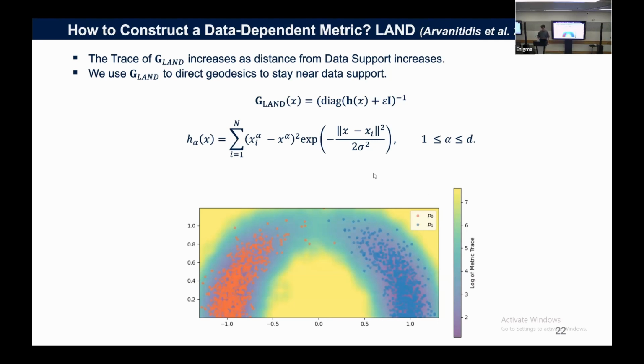And you can see how very quickly, if you give me data, this matrix, this is the log trace on the y-axis, in a very straightforward manner assigns much higher costs to regions of space where there are no data. So you can quickly understand why, when you now do training, if the path is going through the yellow region, because of the loss we give, it would be severely penalized, and it will avoid those yellow regions.